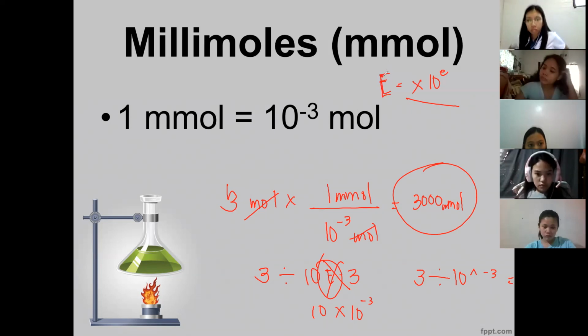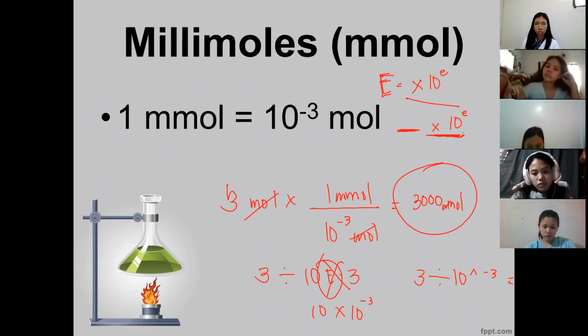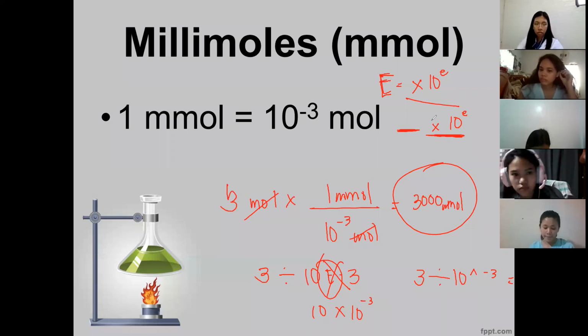I-clarify ko lang, gagamit lang pala tayo ng E sa calculator kapag meron tayong base number here and then idudugtong natin yung times 10 kapag ka-scientific notation siya. Again, kapag ka-scientific notation siya, this is the time we use the times 10 raised to the power of E or yung exponent na katabi ni answer. Okay?